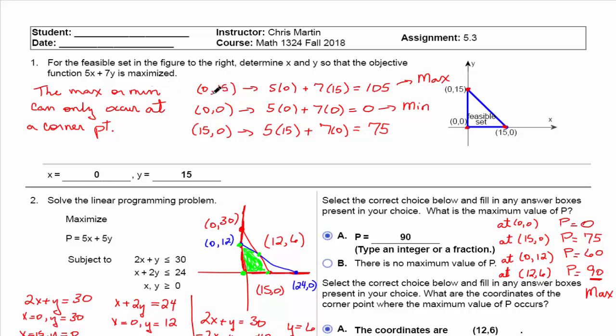So let's just see. Plug in 0, 15. I get 105. If I plug in 0, 0 into the condition, I get 0. And if I plug in this last corner point, 15, 0, I get 75.